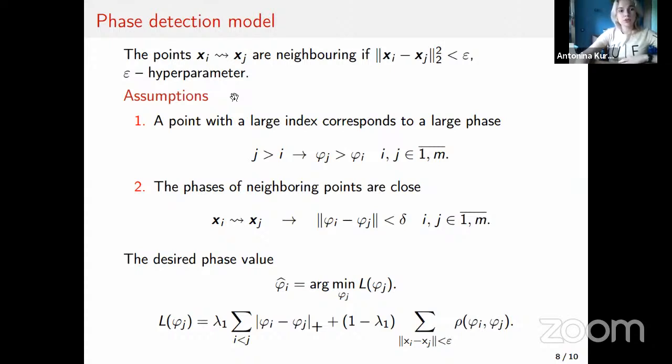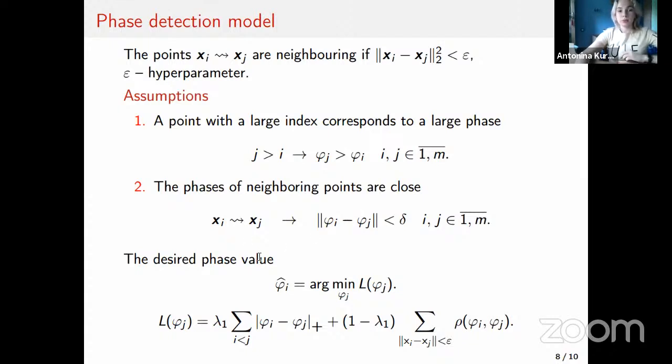The first assumption is a point with a large index corresponds to a large phase. I mean that if index G is larger than index E, then the phase phi sub G must be larger than phase phi sub E. And the second assumption, the phases of neighboring points must be close.